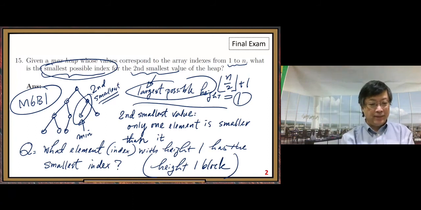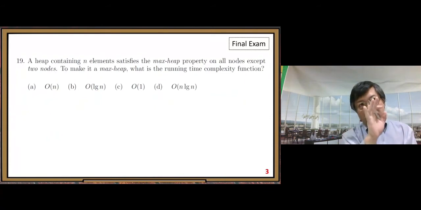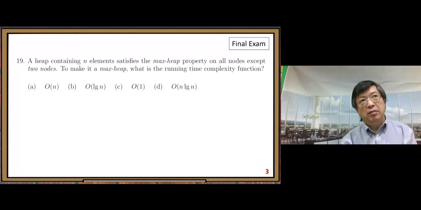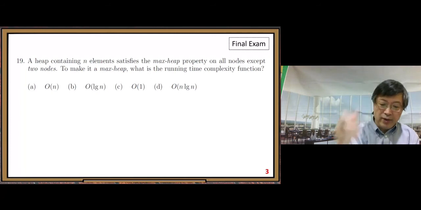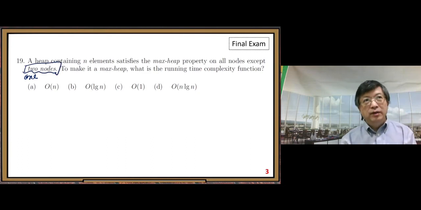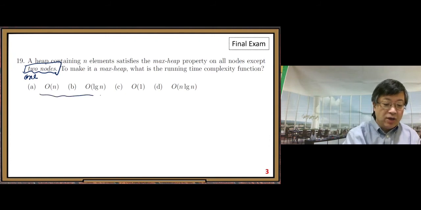All right, next one. This question I modified from one of our homework 2 questions, but I do not change much. I only change by 1. That question was for 1 node, but here I change to 2 nodes. What's the difference? Here we look at the asymptotic notation.